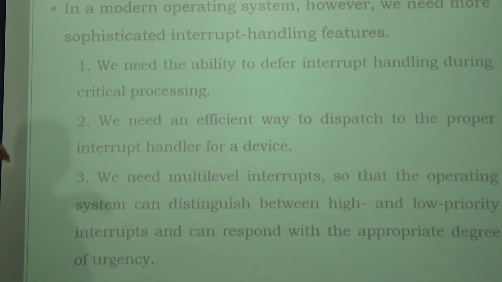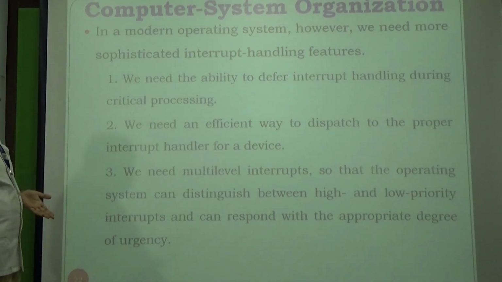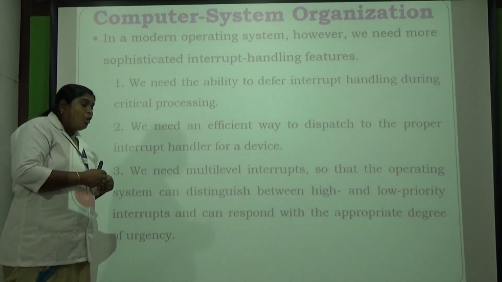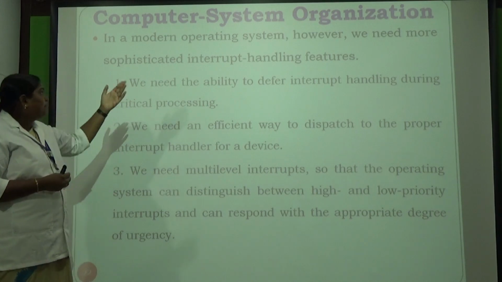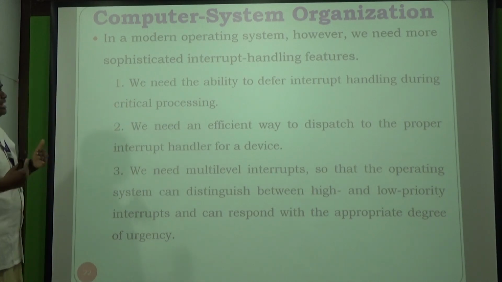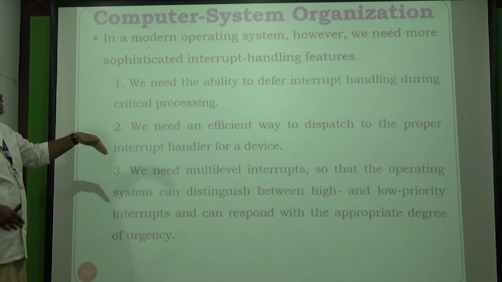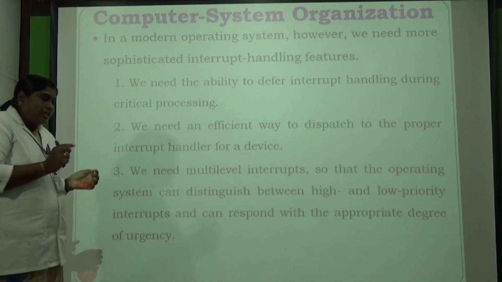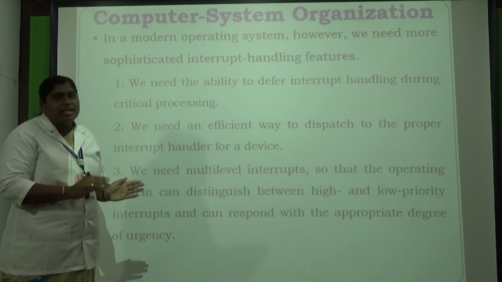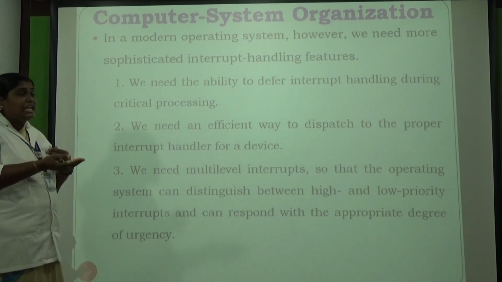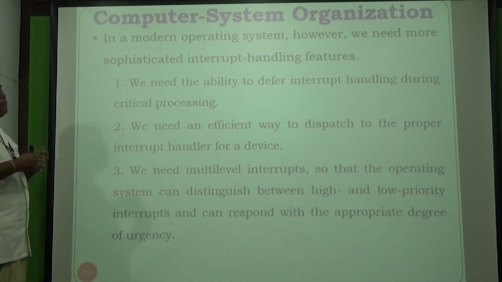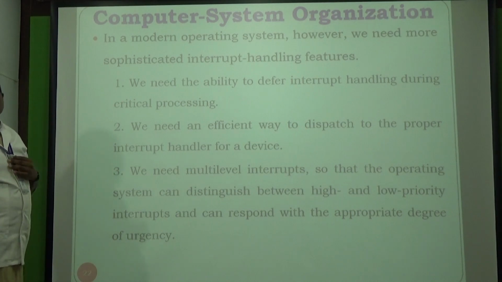Next, in a modern operating system, we need more sophisticated interrupt handling features. Why do we need different handling? Because we need the ability to defer interrupt handling, since the same interruption will not be generated continuously. We need to handle all different types of interruptions.